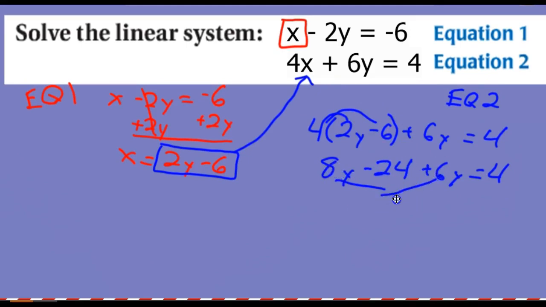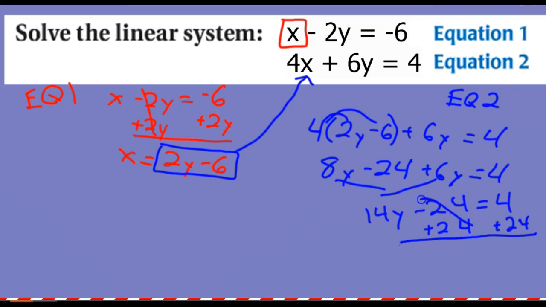That gives us 14y minus 24 equals 4. Add 24 to get 14y by itself. So now we have 14y equals 4 plus 24, which is 28. Divide by 14.